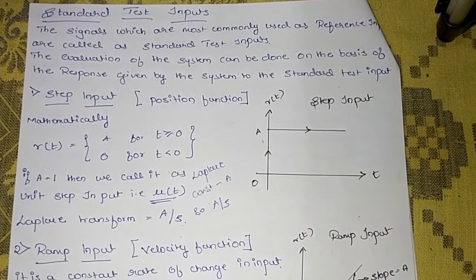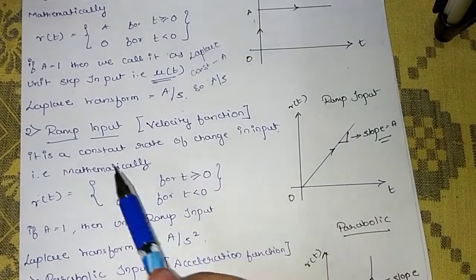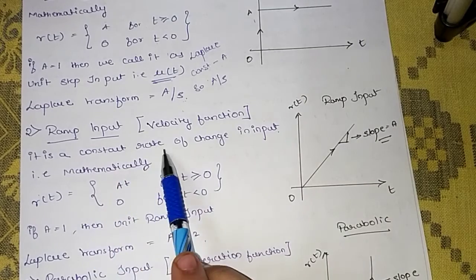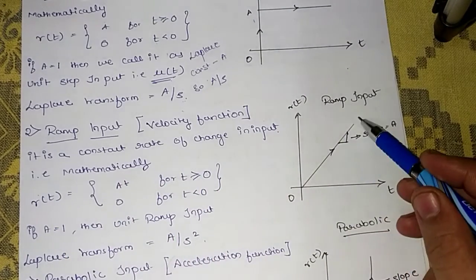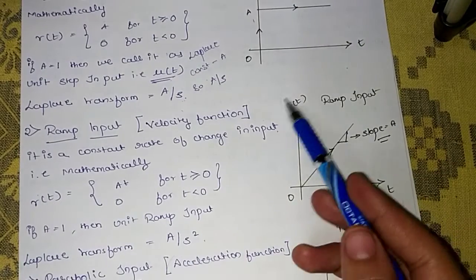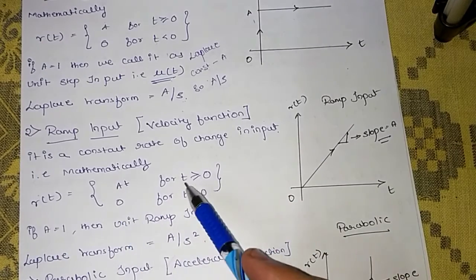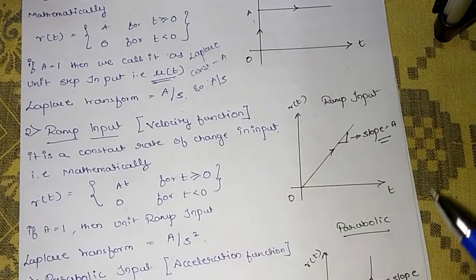Now the second test input is the ramp input. We call it the velocity function. It is a constant rate of change in input. See, on the time axis t, r of t is a function. Mathematically, r of t equals at for t greater than or equal to 0, and 0 for t less than 0.